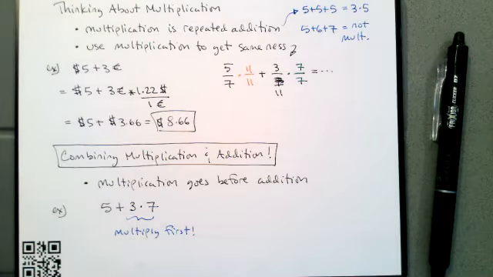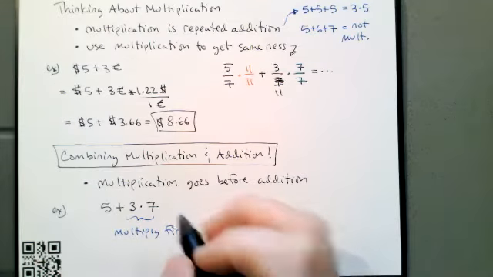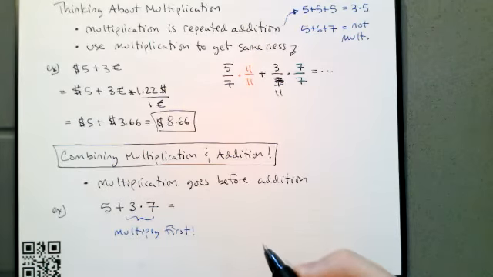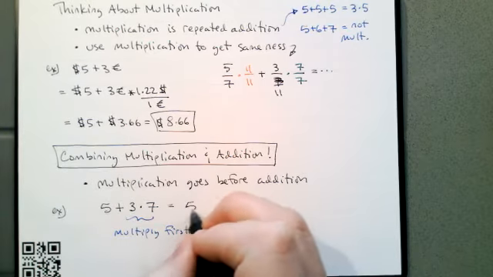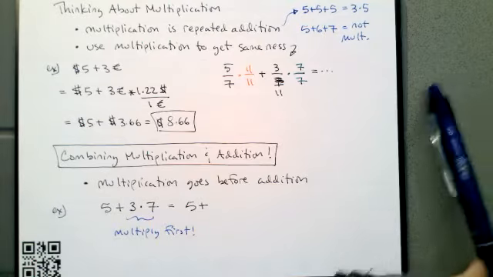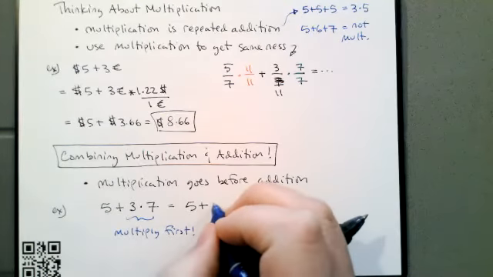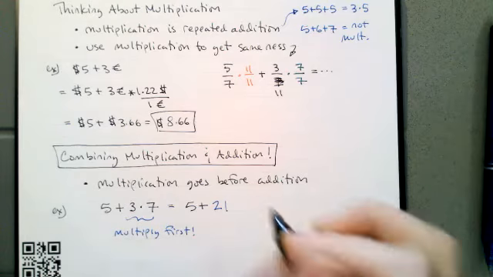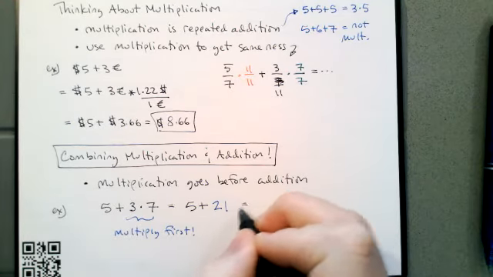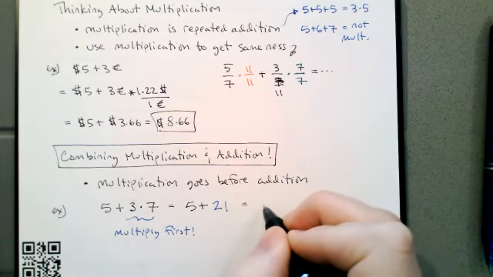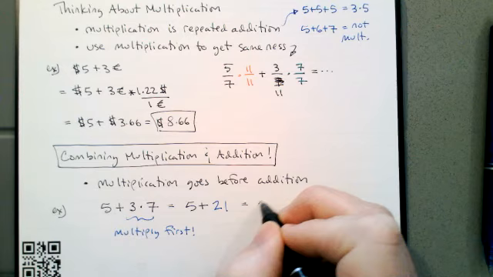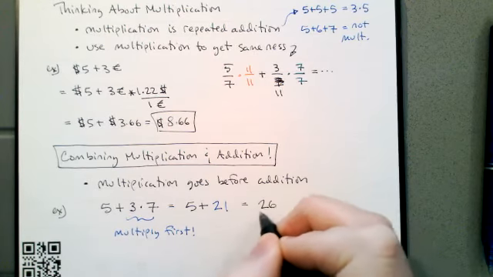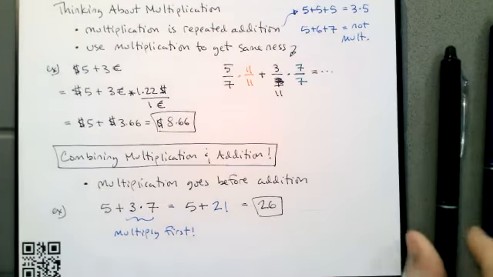So in the expression 5 plus 3 times 7, multiplication goes first. 3 times 7 is 21. So 5 plus 21, and 5 plus 21 is 26. I'm not very good at arithmetic, so.